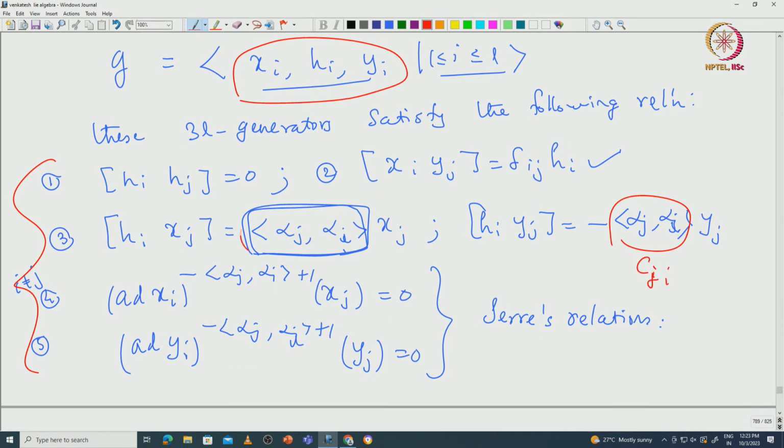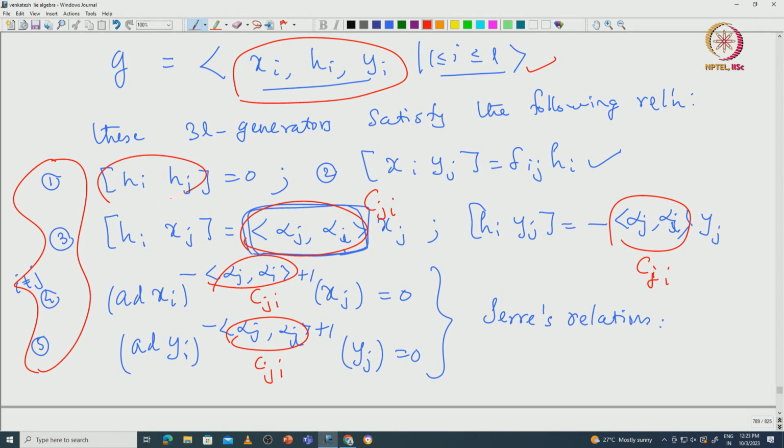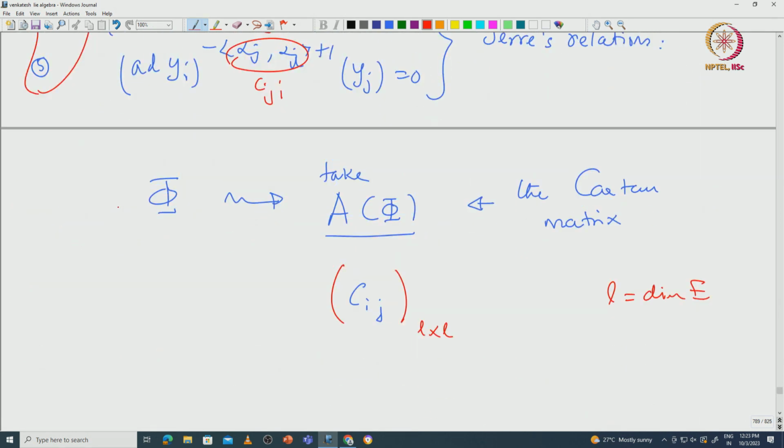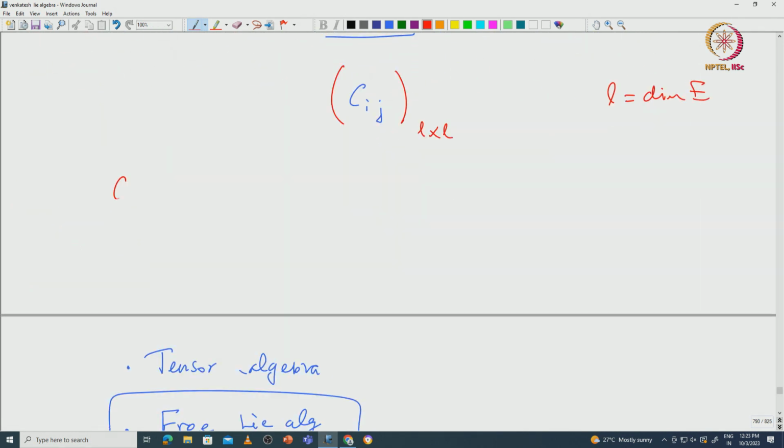So, everywhere you replace this by C_ji, and here also you replace by C_ji. So, all you are doing is taking the free Lie algebra generated by this and then going modulo the ideal generated by these words. Instead of putting 0, you take this word and then take the ideal generated by that. Okay. So, that is what you define to be your Lie algebra.